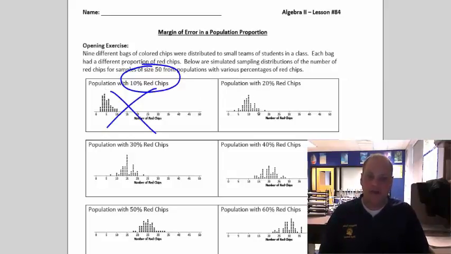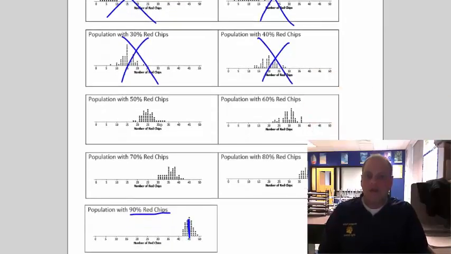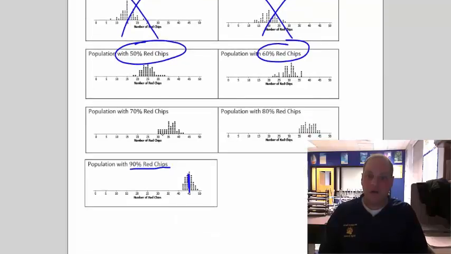This one, it's doubtful I got 30. This one, it's doubtful that it came from 30. This one, it's doubtful. But 30, yeah, maybe here. Maybe 50% red chips, because I got a 30 there. 30 is likely here for 60% red chips. And even 30 here, 70% red chips.